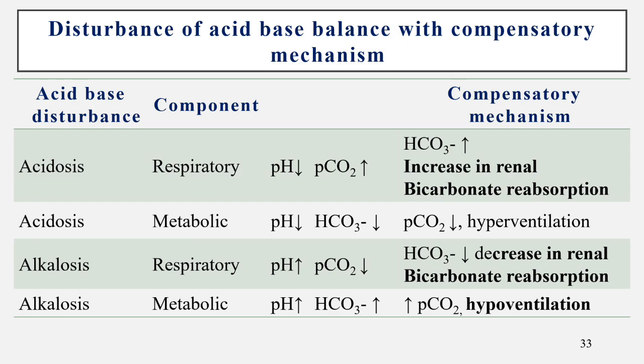Then metabolic alkalosis has increased pH and increased bicarbonate, and the compensatory mechanism is increased partial carbon dioxide, which leads to hypoventilation. And these are the acid-base disturbances with compensatory mechanisms.